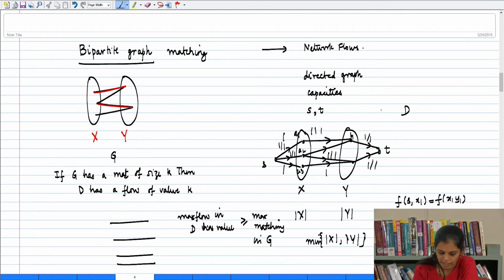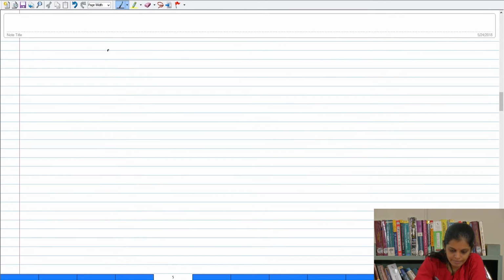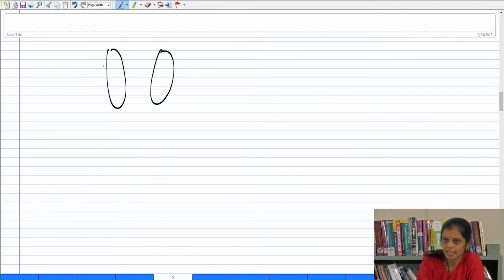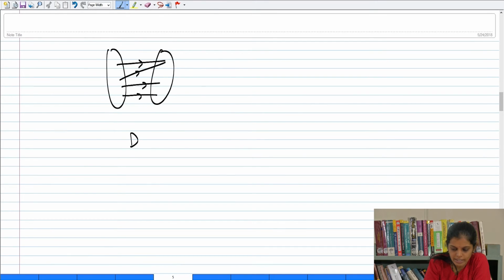So now what we are trying to show is, you take the graph D, concentrate only on the bipartite graph, and look at edges that got unit flow.